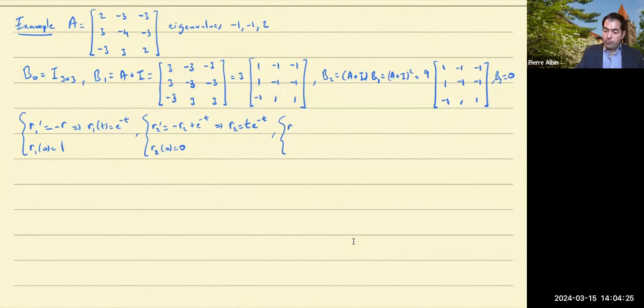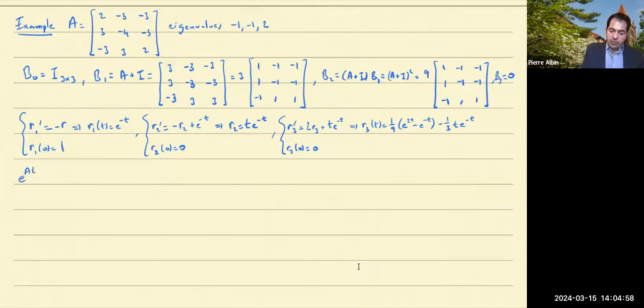And then R3 prime would be equal to 2 times R3 plus t e to the minus t with initial condition 0. And you can compute that the solution to this equation is 1/9 (e to the 2t minus e to the minus t) minus 1/3 t e to the minus t.